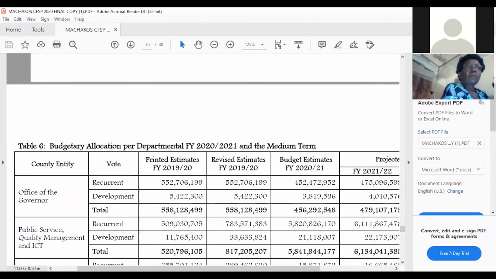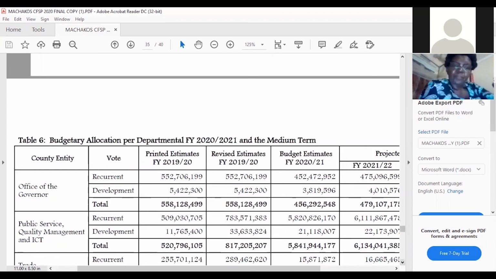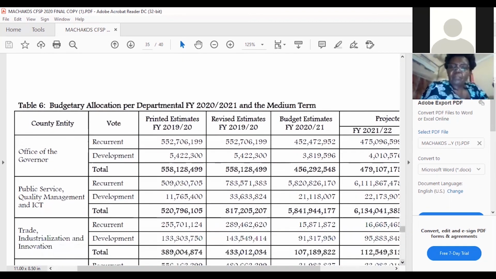Because from here we are going to start looking at ceilings. So today that is where we are going to reach. For next week, we are going to look at the other P, which is priority and ceiling. Do you have any question?